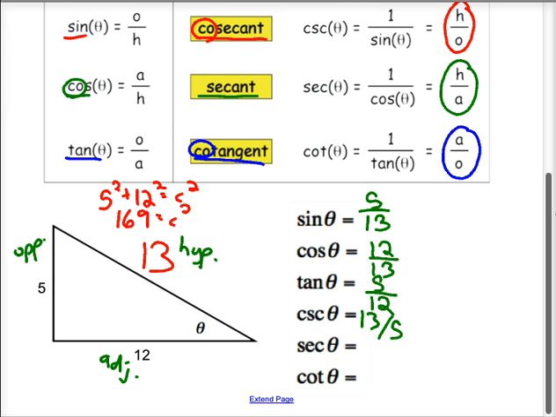Well, cosine is adjacent over hypotenuse, so that means secant must be hypotenuse over adjacent. Cotangent, again, every one of these needs a co in it, so cotangent must be paired with tangent. So instead of opposite over adjacent, it's going to be adjacent over opposite. And that's how you finish off all of these pairings.